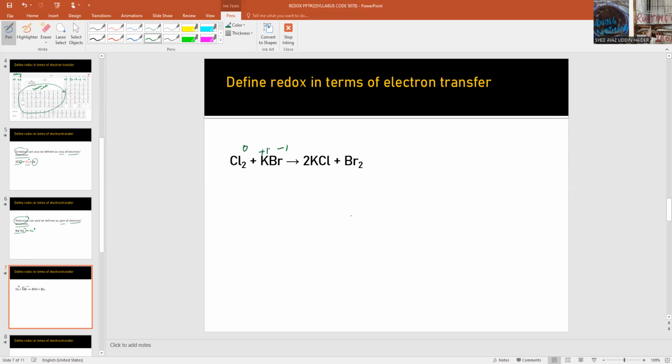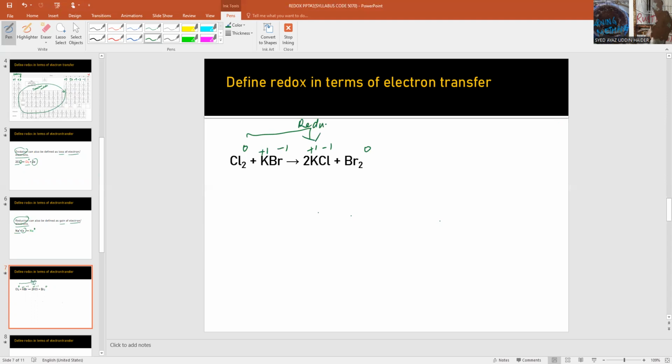But Cl on the product side, in case of KCl, K carries +1 and Cl carries -1 charge. What about Br2? It does not carry any charge, which means it is 0. Let me write 0 here. So in this equation, Cl2 has gained electron and Br has lost electron.